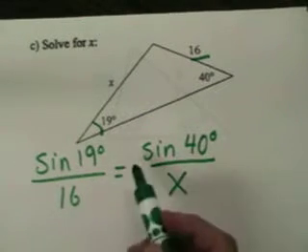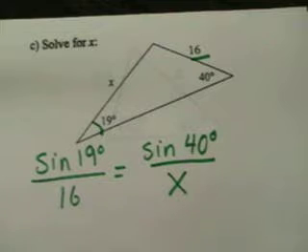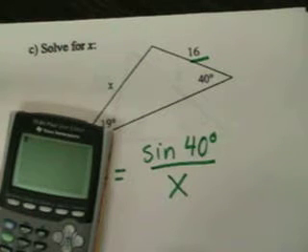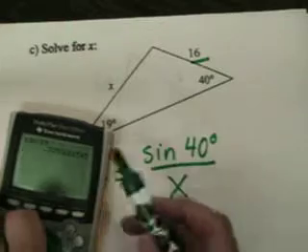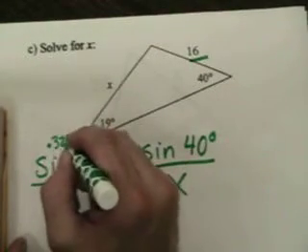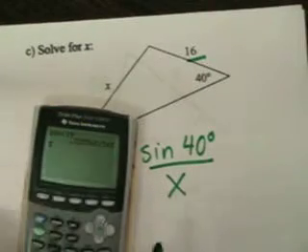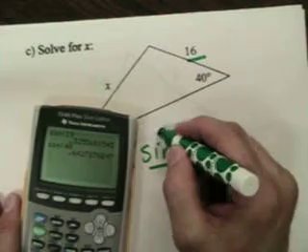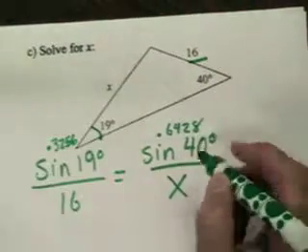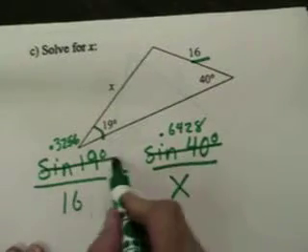You can change these into numbers, and in this case I probably am. I've already checked the mode on my calculator. The sine of 19 degrees is 0.3256. The sine of 40 degrees is about 0.6428. So I'll use those values instead.